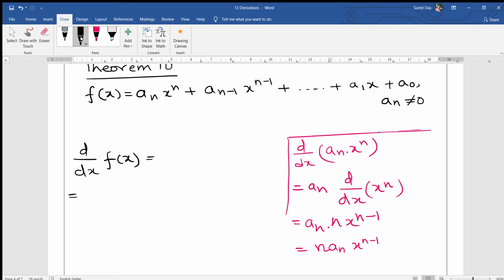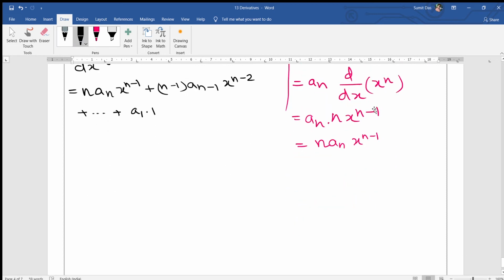So that is our formula. The derivative of f(x) will be n a_n x to the power n minus 1 plus (n minus 1) a_(n-1) x to the power n minus 2 plus, and so on, a_1 into 1. Why?